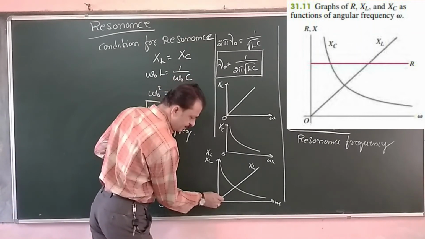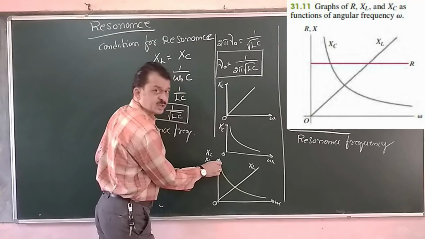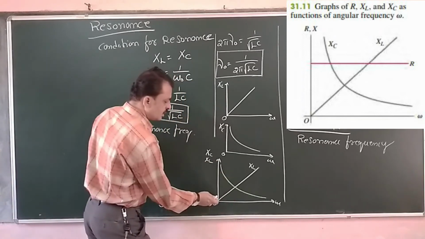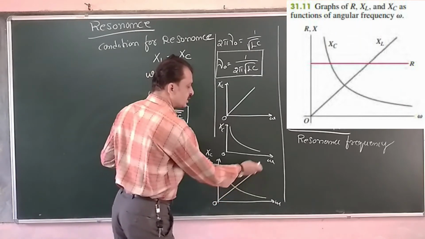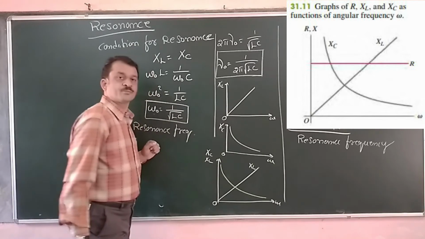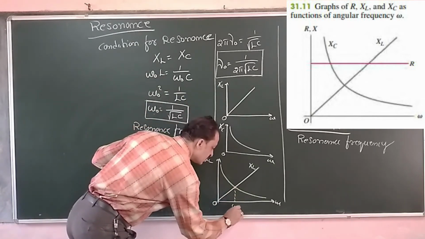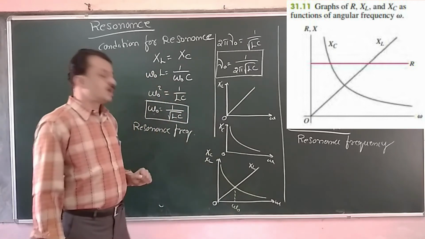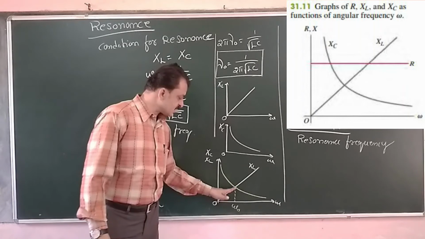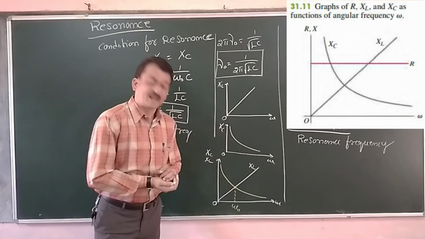At lower frequency, inductive reactance is lesser and capacitive reactance is more. As frequency increases, inductive reactance goes on increasing and capacitive reactance goes on decreasing. There is a particular frequency, let me call it omega naught, at which the inductive reactance is equal to the capacitive reactance.